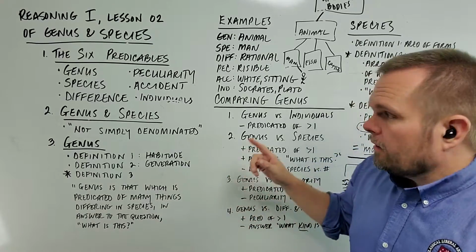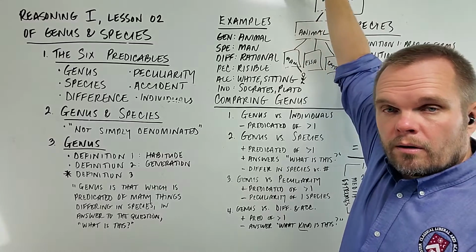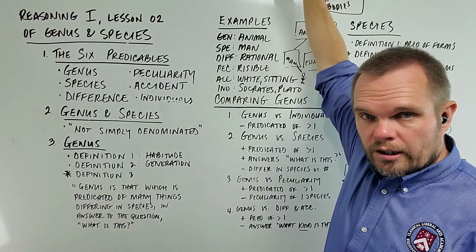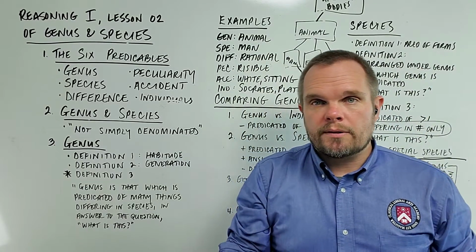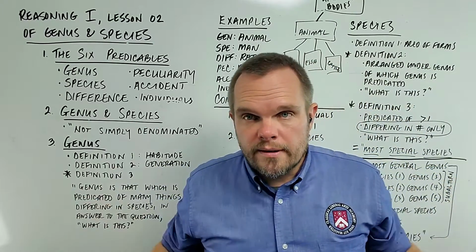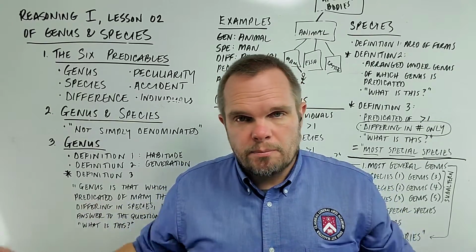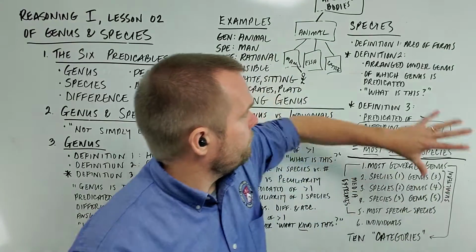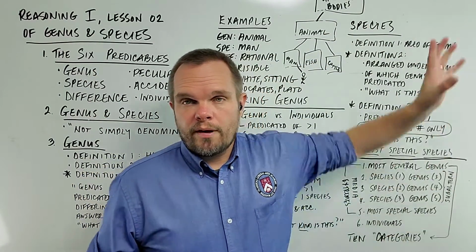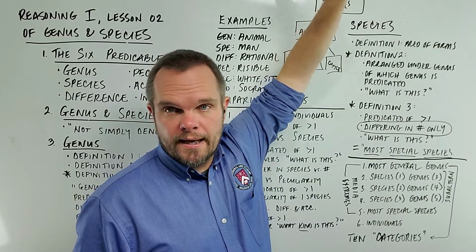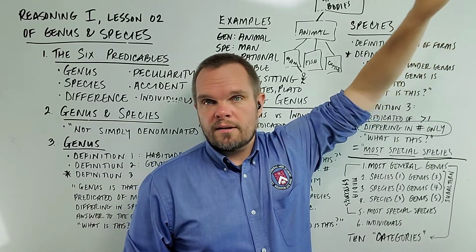Now, if we follow this up, this tree, and we get to that most general genus, what Aristotle teaches in the Categories is that in all of the things that can be said, any possible thing that can be said, if we build trees like this for anything that can be said, we will find that there are 10 different most general genera.